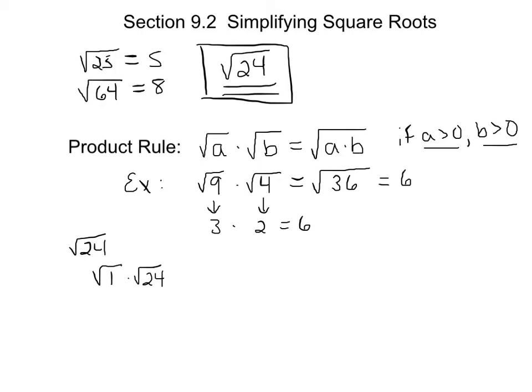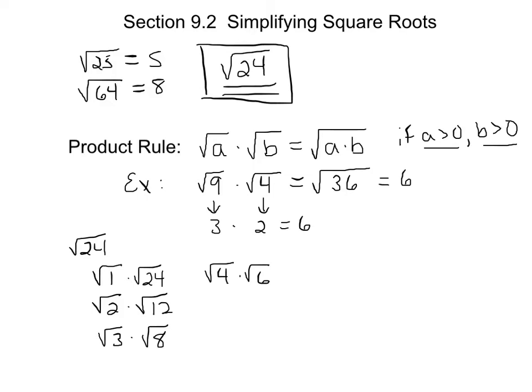I could say that it is the square root of 2 times the square root of 12. And I could say it's, let's see, other factors would be the square root of 3 times the square root of 8. And I could say it's the square root of 4 times the square root of 6. Now all of these would give me the square root of 24 if I apply the product rule.